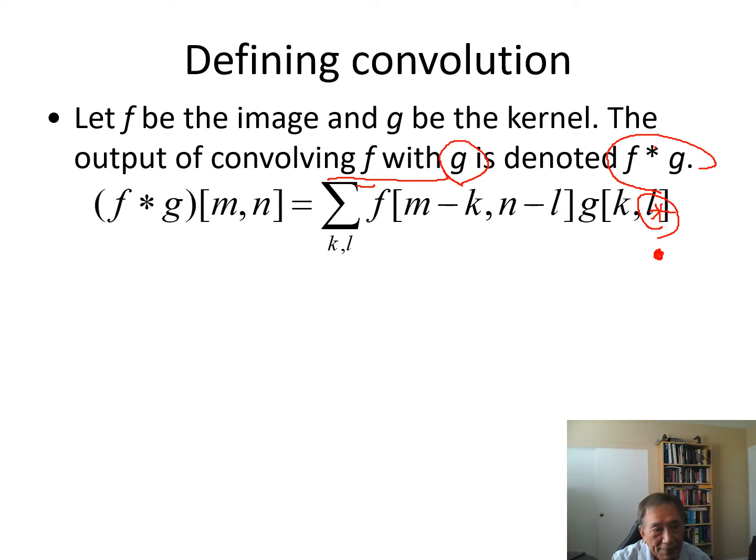So we say F is the image and G is the kernel. Here in F, there is the current location M and N, and then the kernel has K and L, left and right.